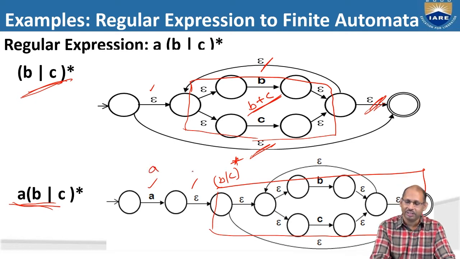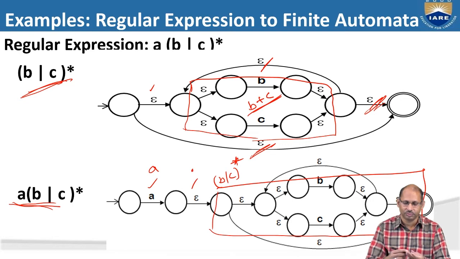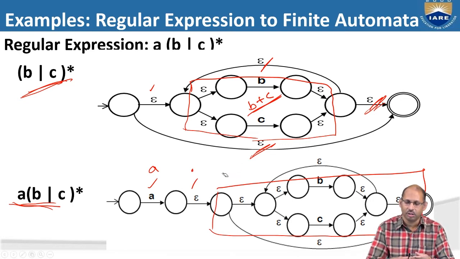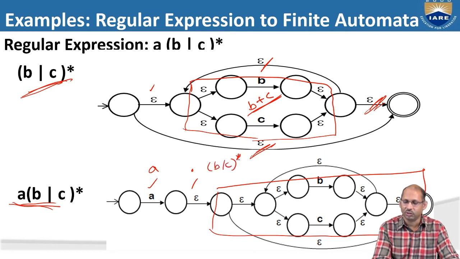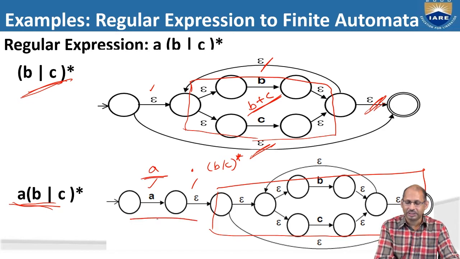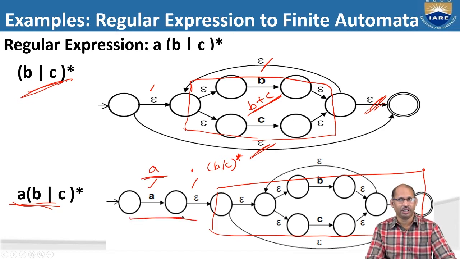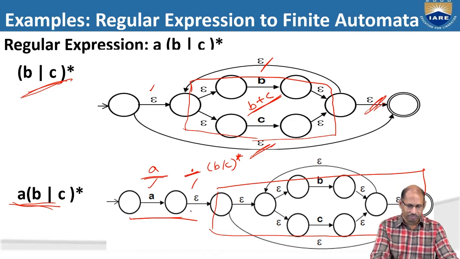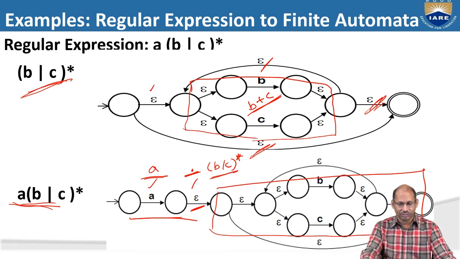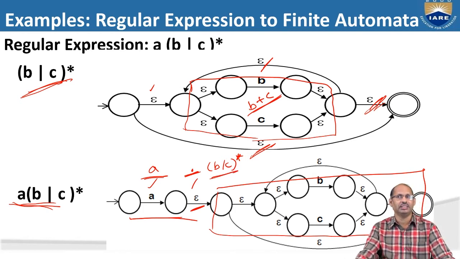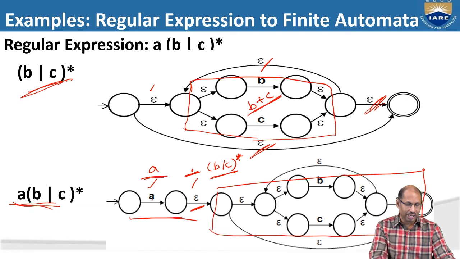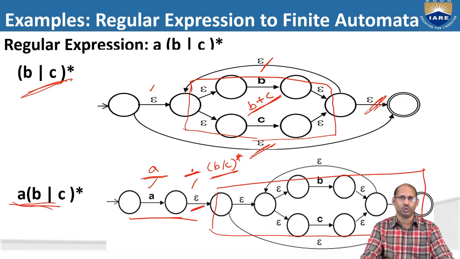This is A concatenation with the B union C closure. This one will represent the closure of B union C. Then we are adding the A concatenation with the B union C closure property.